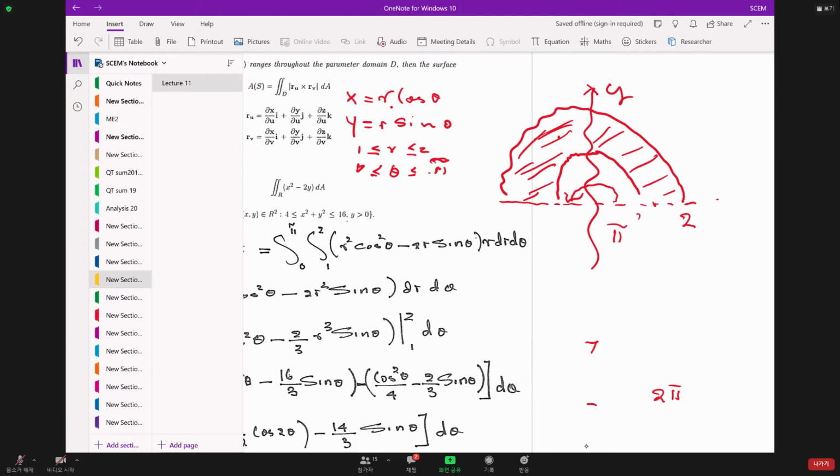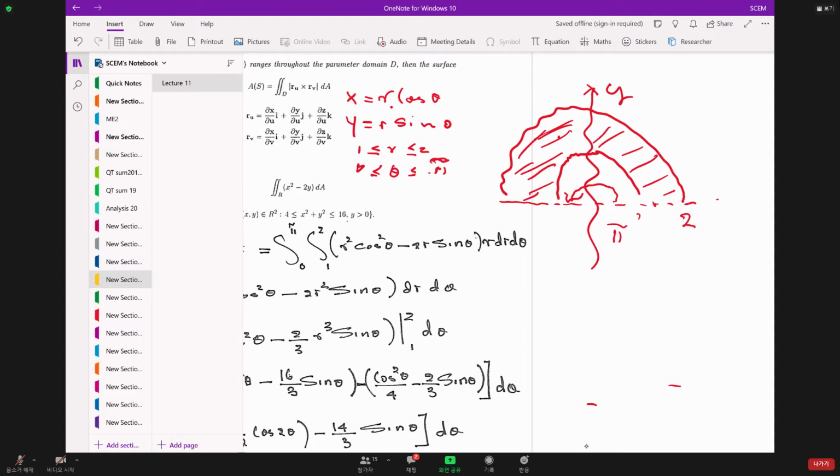All you do now is substitute for x and y in this function. X is r cos theta, so x squared is r squared cos squared theta, minus 2y, which is 2r sine theta.